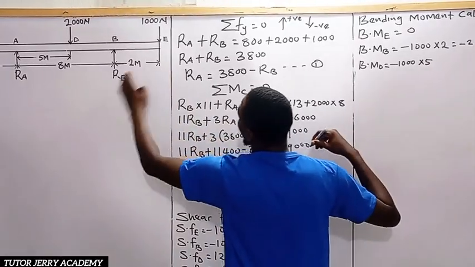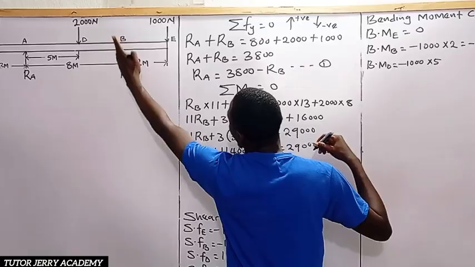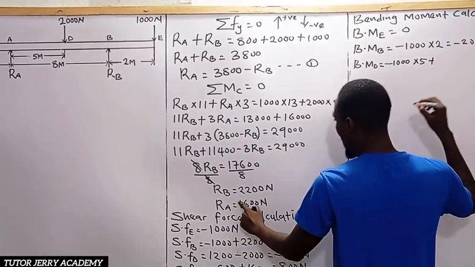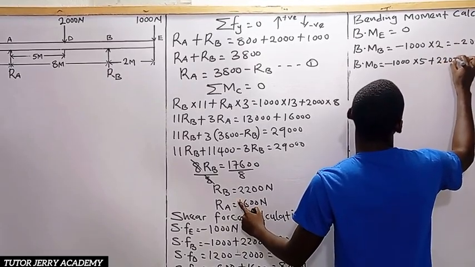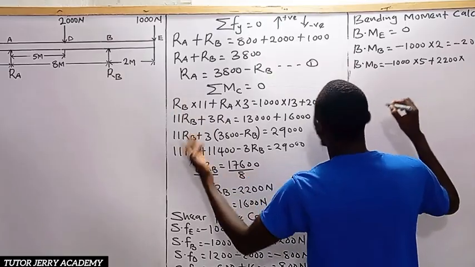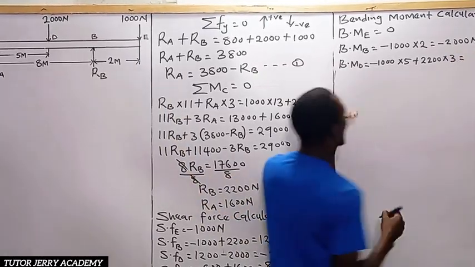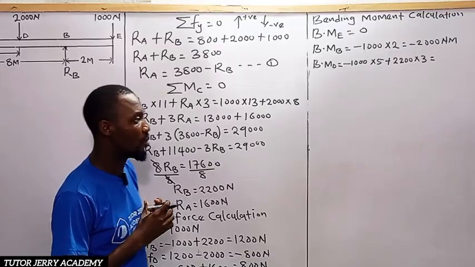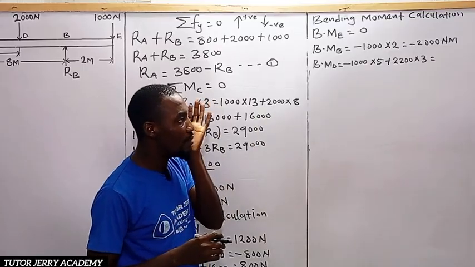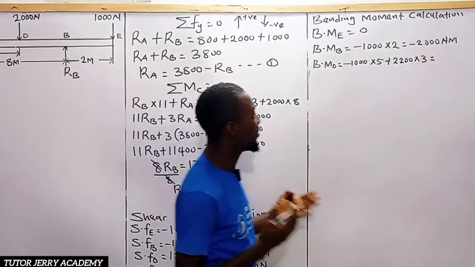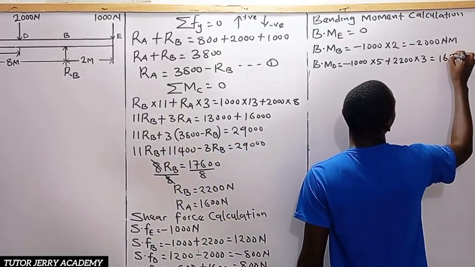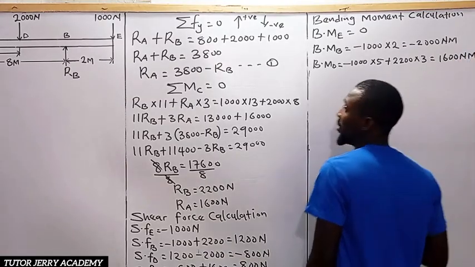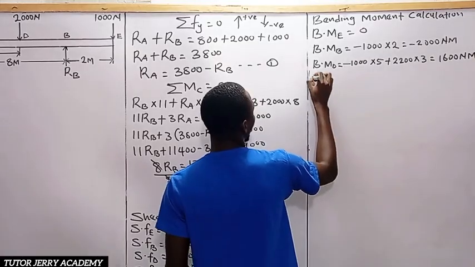Alright, so now this times this, then plus, because this is an upward force, RB, plus our RB is nothing but 2,200 multiplied by total distance there, which is 3. So by the time you do your math, you are going to have your bending moment at point D to be nothing but 1,600 Newton meter.